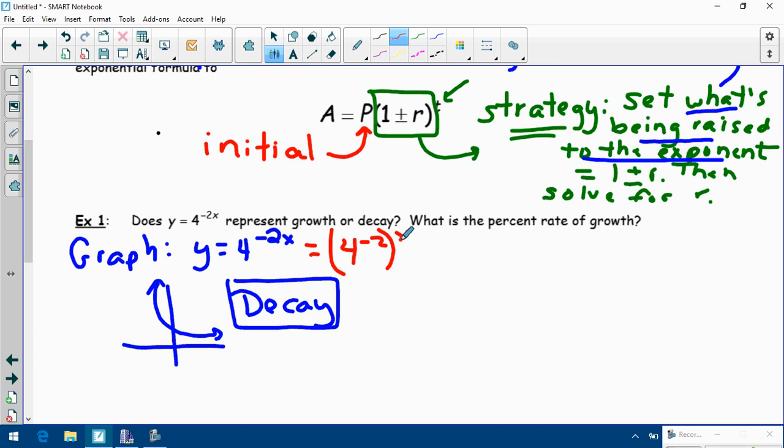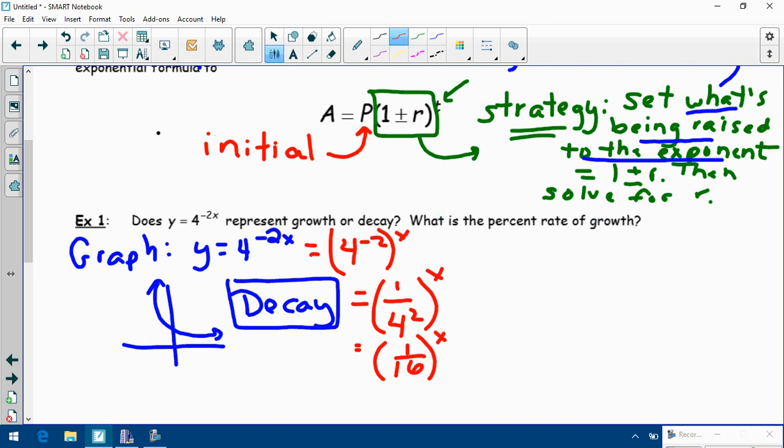And what does a negative exponent mean? Exactly, fractions. So this is really 1 over 4 squared being raised to the x, or 1/16 to the x. So now it's a lot more obvious that it's decay, because 1/16 is less than 1. But again, the best way to do it is just to graph it, because you can see it really quickly from the graph if it's growth or decay.